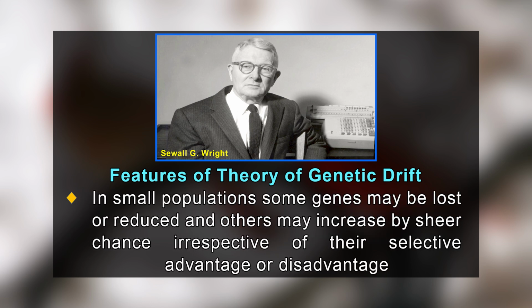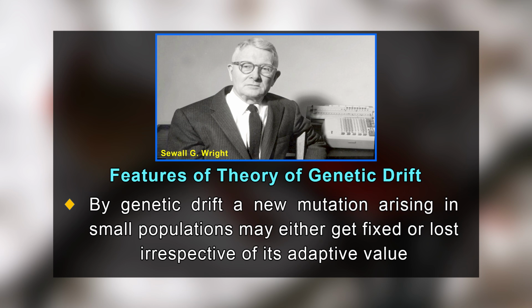In small populations, some genes may be lost or reduced and others may increase by sheer chance, irrespective of their selective advantage or disadvantage. By genetic drift, a new mutation arising in small populations may either get fixed or lost irrespective of its adaptive value.